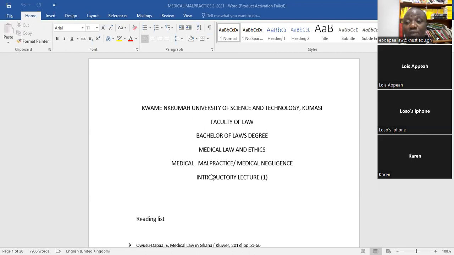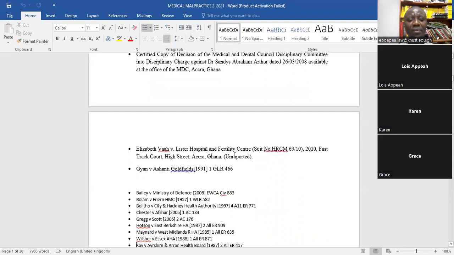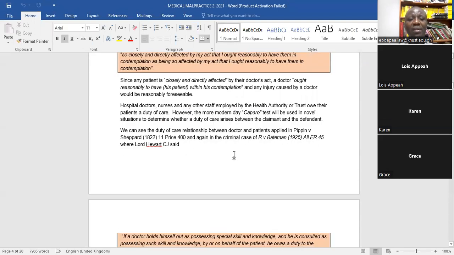And with respect to clinical negligence or medical negligence, we made the point that to be successful, you need to be able to establish the usual requirements. That is, you need to show that the particular healthcare practitioner owed you a duty of care.